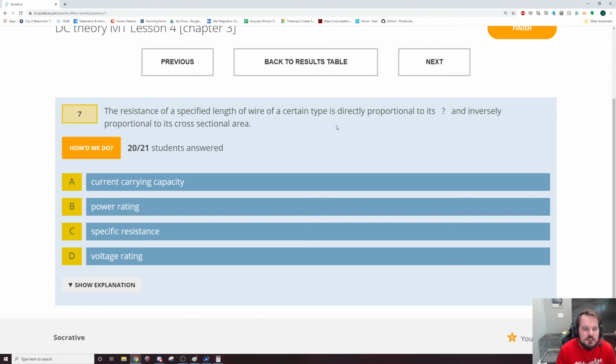The resistance of a specified length of wire of a certain type is directly proportional to its length and inversely proportional to its cross-sectional area. Directly proportional means as that number goes up, the final number goes up.